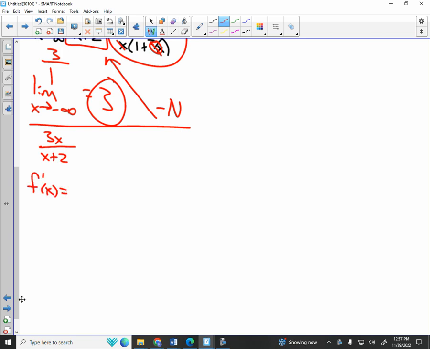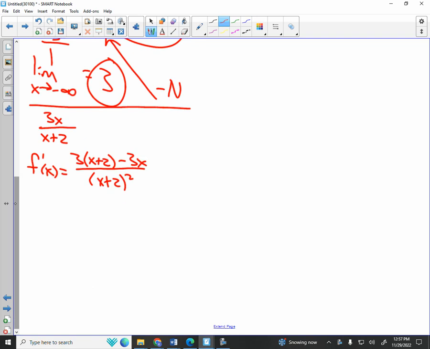Derivative of the top, 3, times x plus 2, minus 3x times 1. Good. All over what? Good. How will the top simplify?